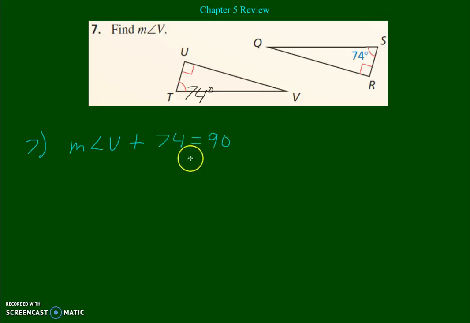And so we just subtract 74 from 90. The measure of angle V equals 16. So that was a pretty straightforward problem, but you had to see that this angle and this angle were congruent and that these two angles are complementary. And now on to problem 8.